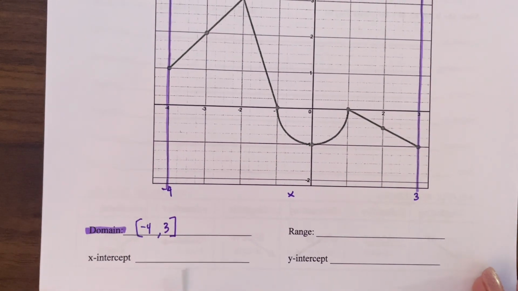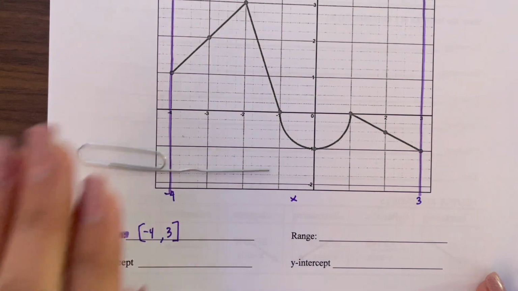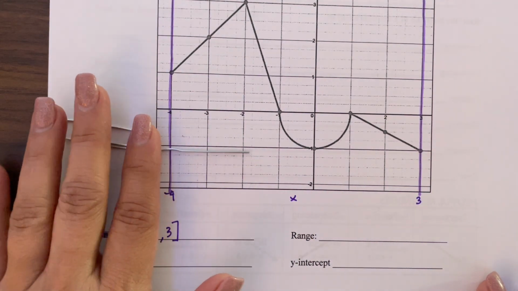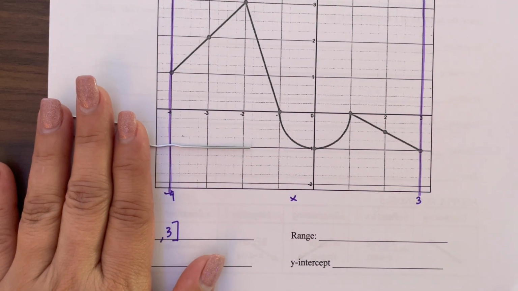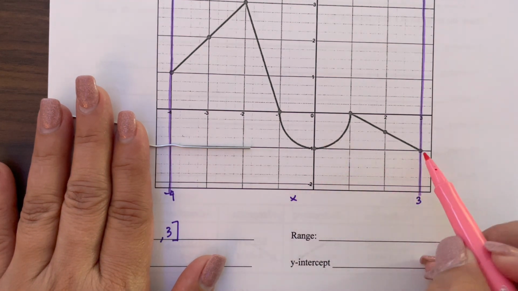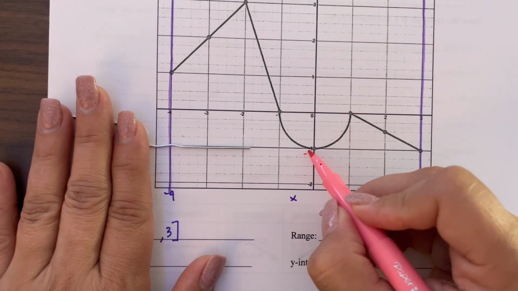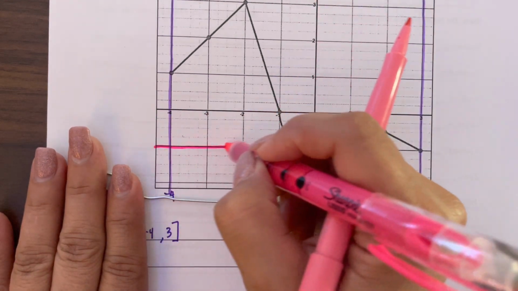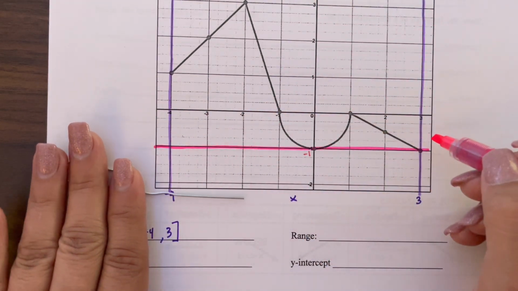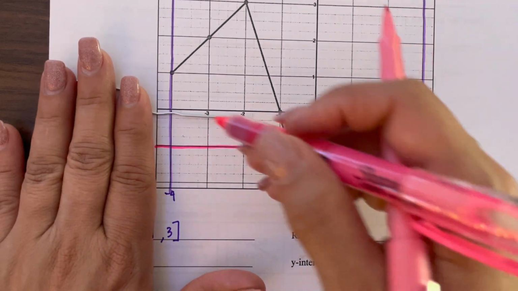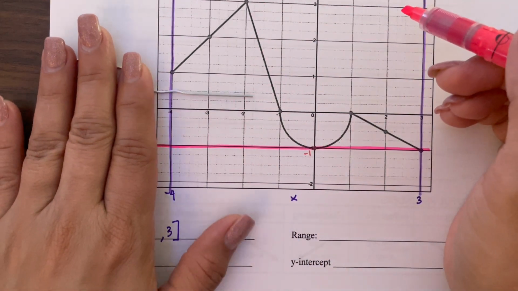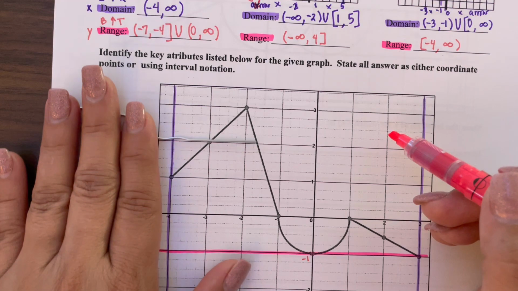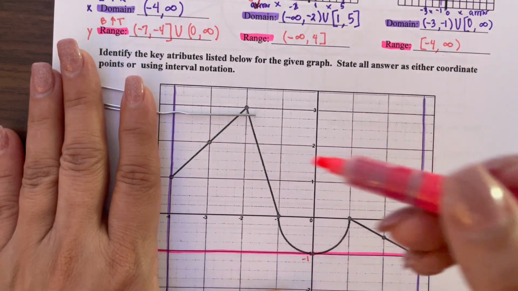Okay, the range, you're going to go from the bottom up. Looking at the lowest part of your graph, it's right here at -1, and that is a closed circle. And you would think you want to stop here, but then you can't chop this piece off. So you have to extend it all the way till you get to the very top of your image.